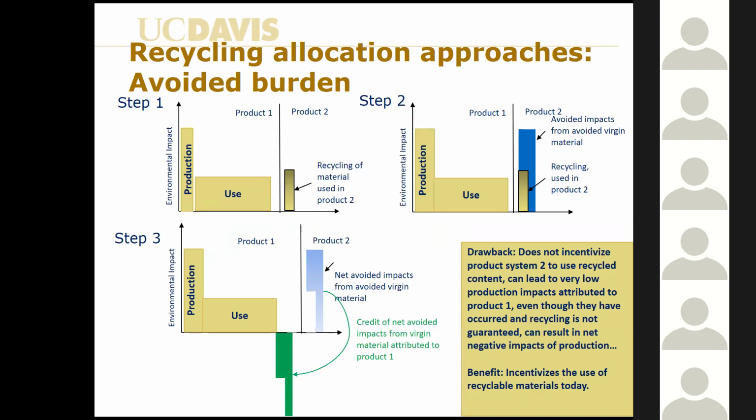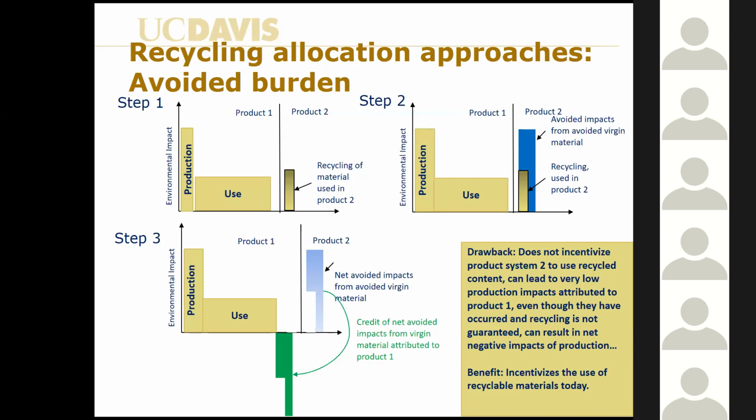So in step 1, you just see a life cycle of product 1, although we know that the recycling of the material in product 1 is going to product 2, which is why I've shown that barrier between product 1 and product 2. In step 2, what I'm showing you is the fact that by recycling product 1, we avoid impacts from virgin material production for product 2.